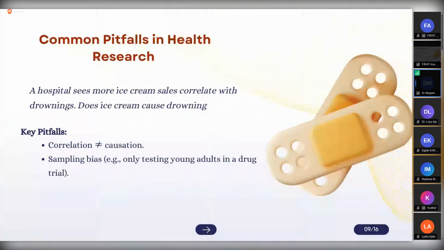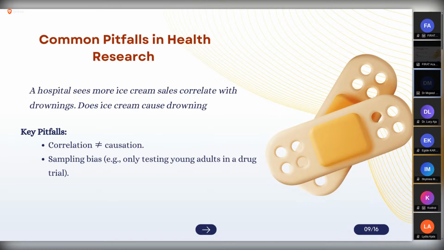The response is in terms of confounding. A confounder is a variable that is associated with both the independent variable and the dependent or outcome variable. It confuses the association between the two. So there is a confounder there.